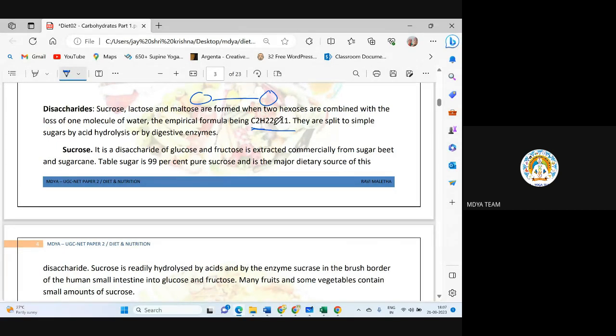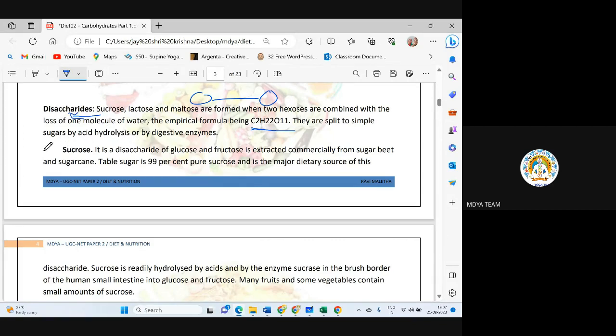It is because when the bond forms, two hydrogen and one oxygen leave the monosaccharide molecules, and it remains C12H22O11. When we hydrolyze these disaccharides, and hydrolyzation means to break any molecule, we will get two monosaccharides.